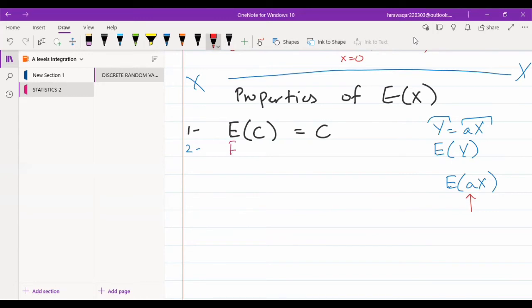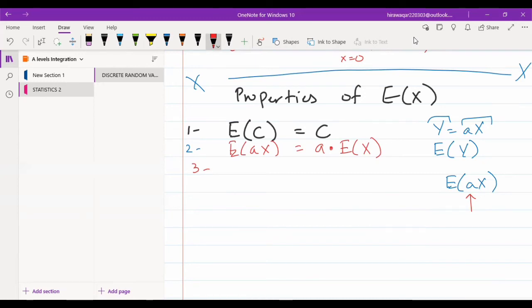So it can be written as a multiplied by the expected value of x. These are all the properties of the expectation which you need to learn.